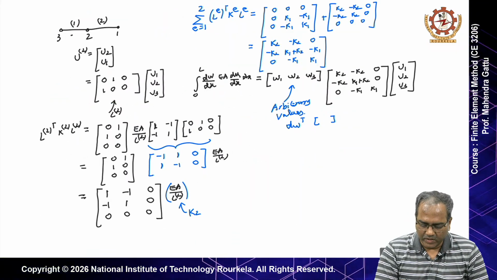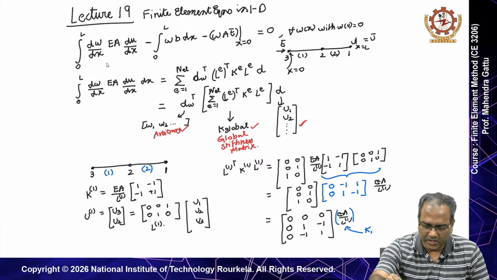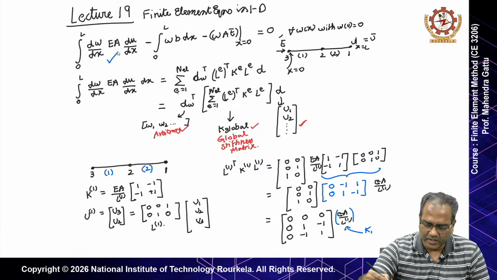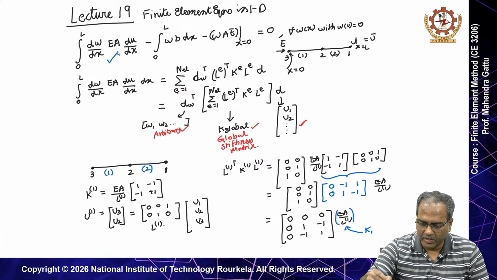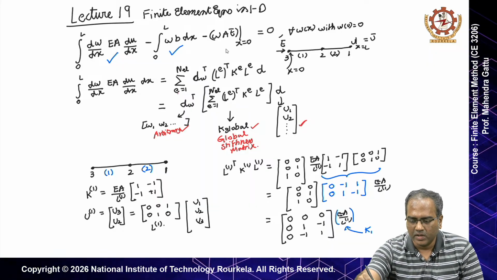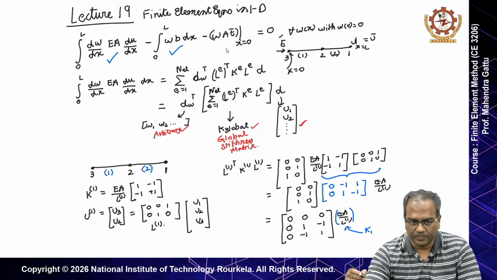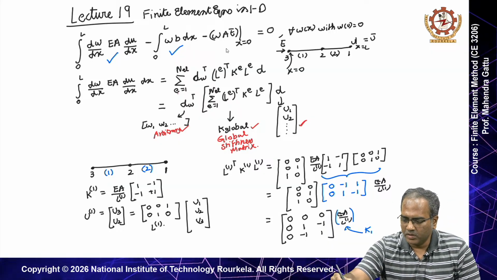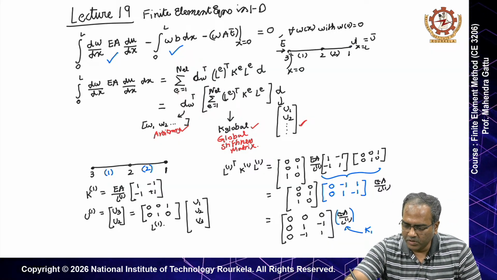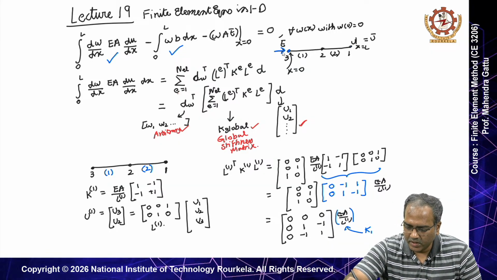So in our evaluation, the first term we calculated in the earlier class, and today's class we continued with that, and then we have the body force term. Now let us look at the third term, W A T bar at x equal to 0. At x equal to 0, we have a traction boundary condition.